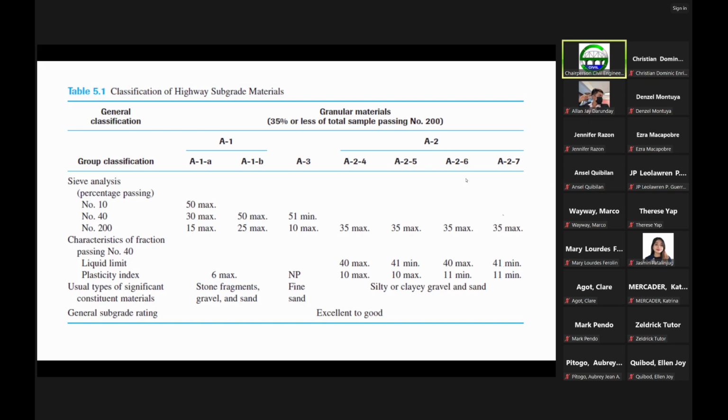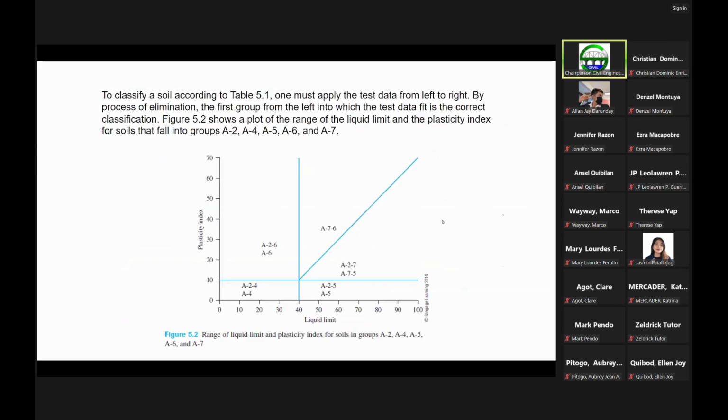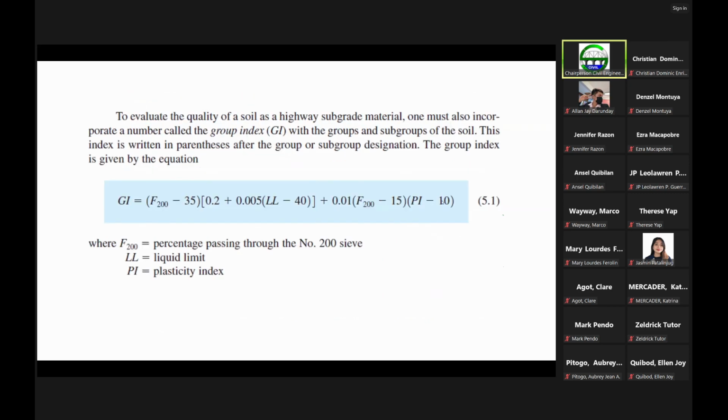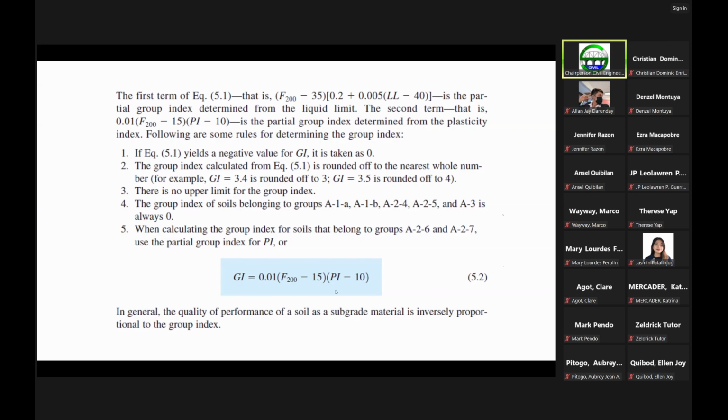But for these two, A-2-6 and A-2-7, we use the partial group index in the second term. No, we just use the second term to determine the GI.